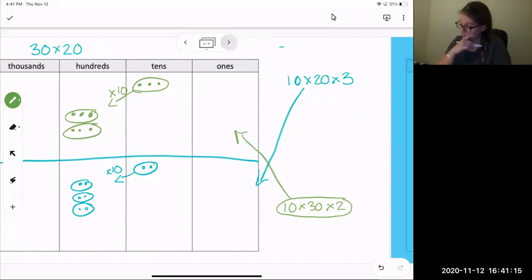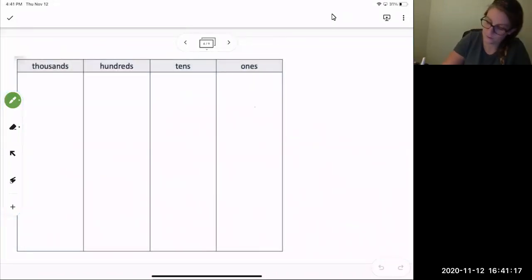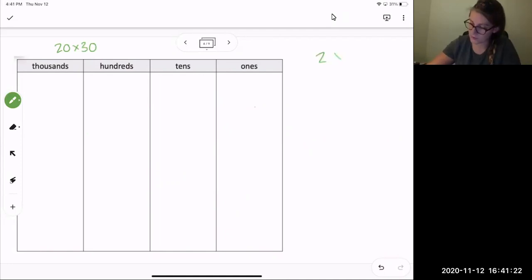What if we did it a different way? What if we did 2 times 30 times 10? If we're doing 2 times 30 first, we're going to look at 30 as 3 tens. 2 rows of 3 tens would be 2 times 30, which gives us 6 tens, which is equal to 60.